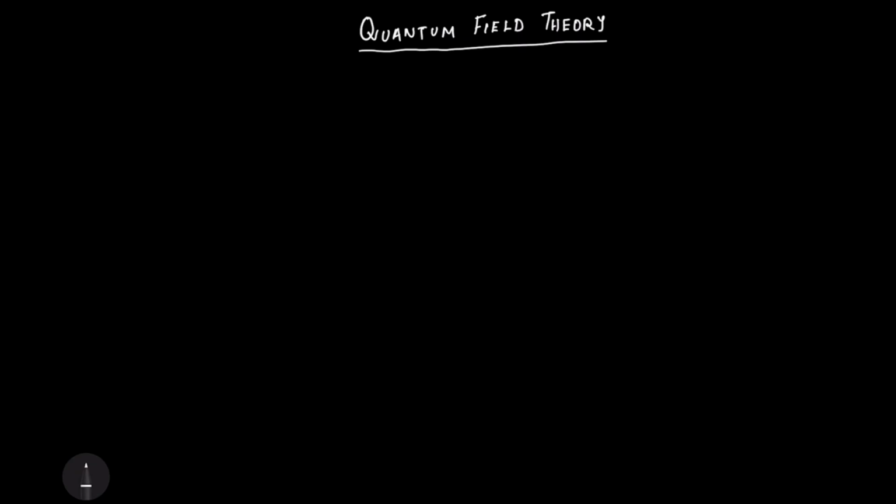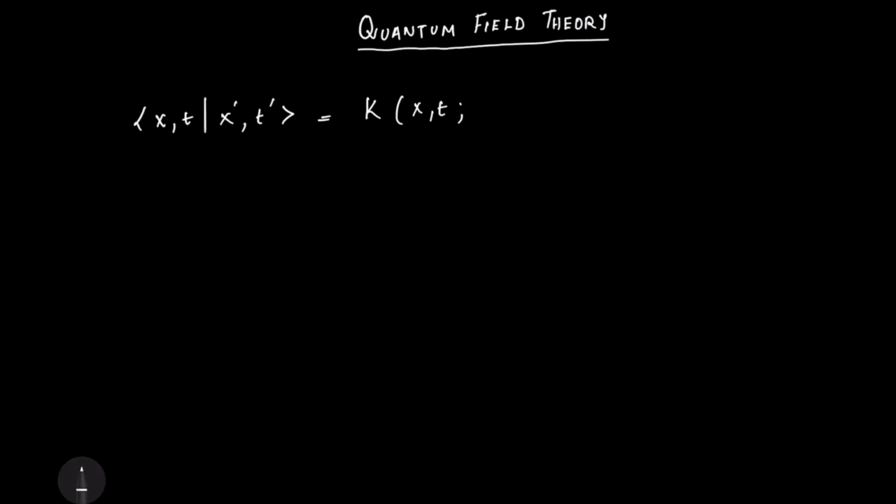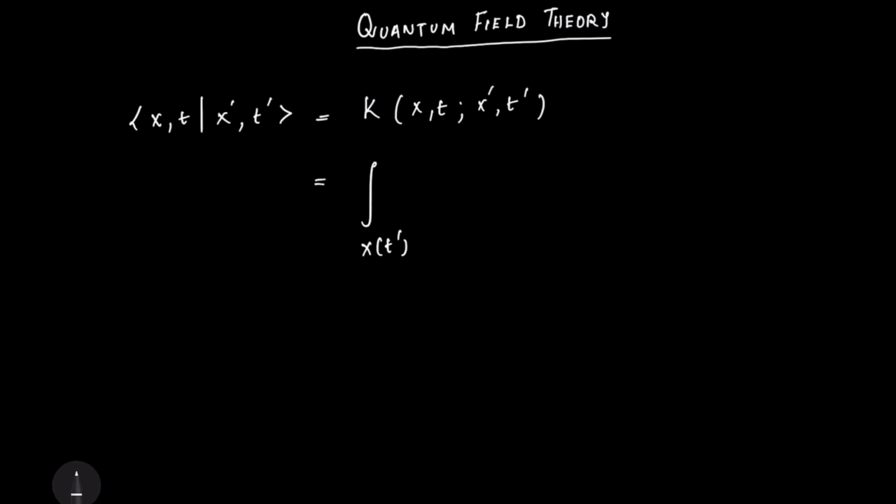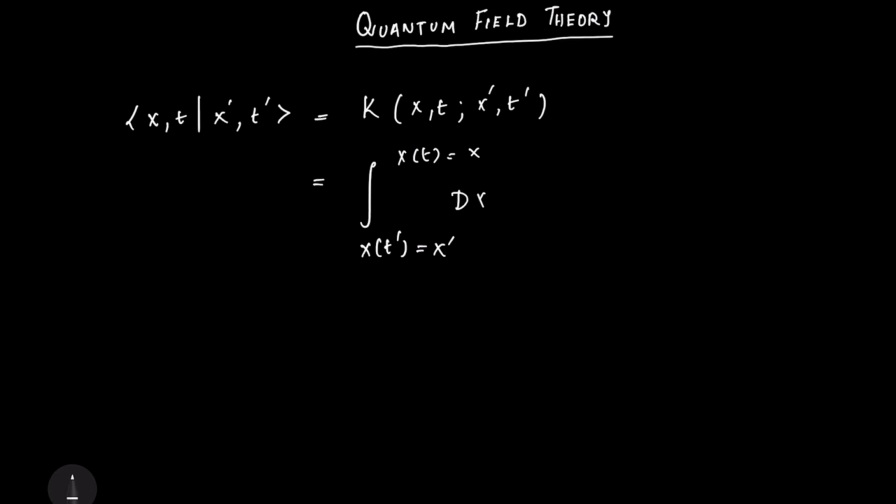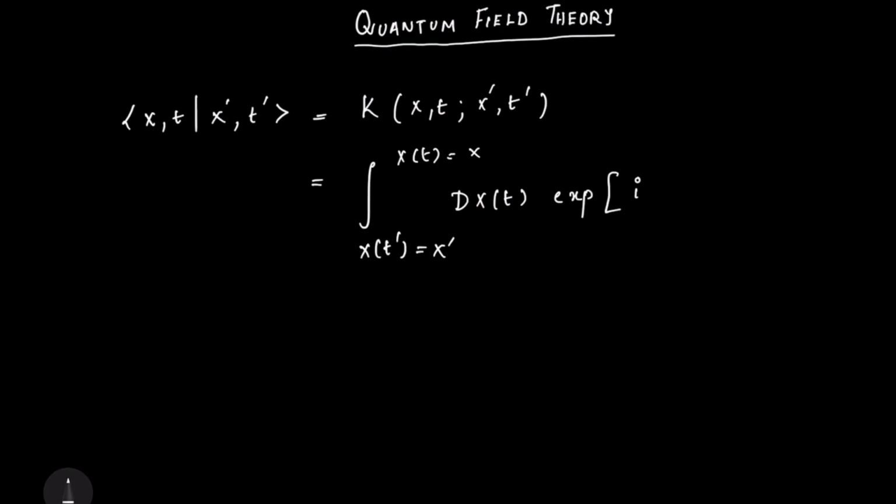In the previous class on path integrals, we defined the transition amplitude K(x,t;x',t') as the integral over paths x(t') = x', x(t) = x, of Dx(t) e^{iS}.